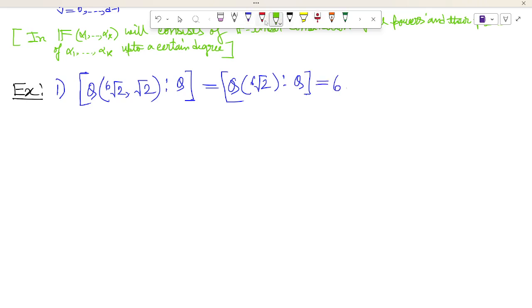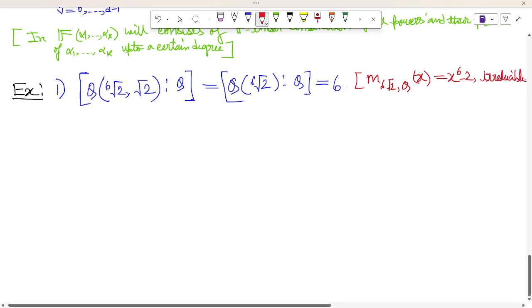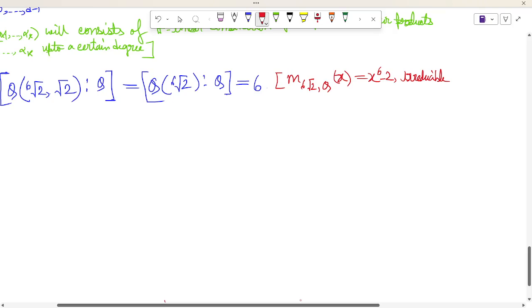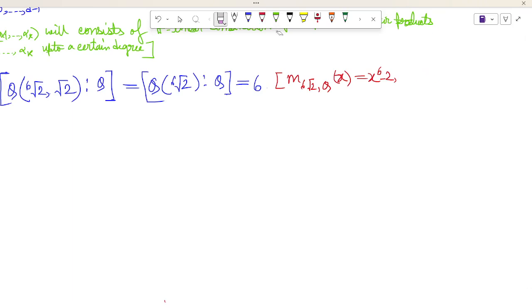The reason is that the minimal polynomial of sixth root of 2 over Q is x to the power 6 minus 2, so it is irreducible in Q.